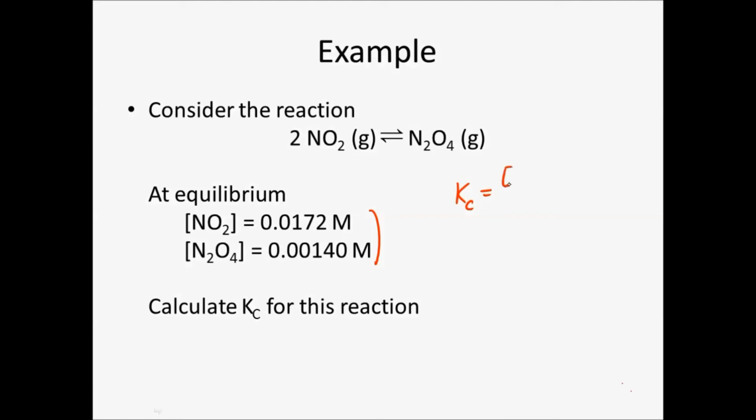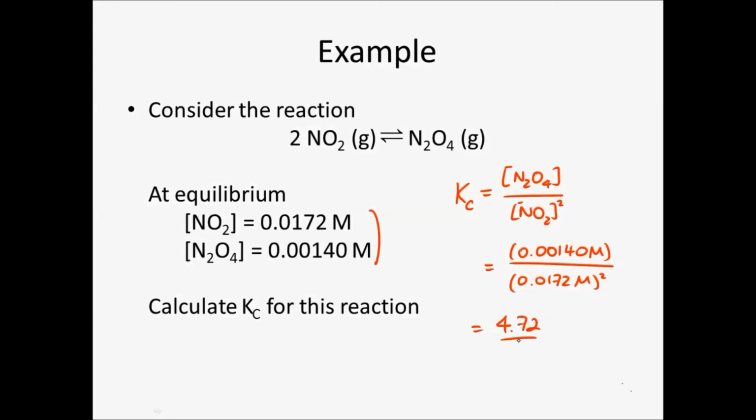Kc is equal to the concentration of N2O4 divided by the concentration of NO2 squared, which is equal to, if I plug in the numbers here, the concentration of N2O4 is 0.00140 molar divided by the concentration of NO2, which is 0.0172 molar, all squared, which is equal to 4.72. You should note that equilibrium constants have no units.